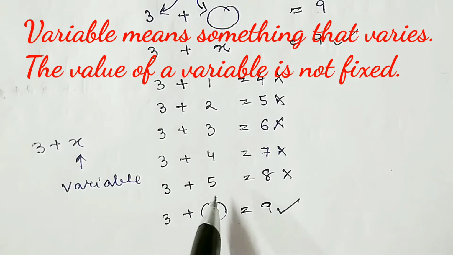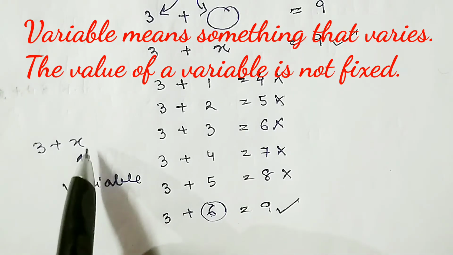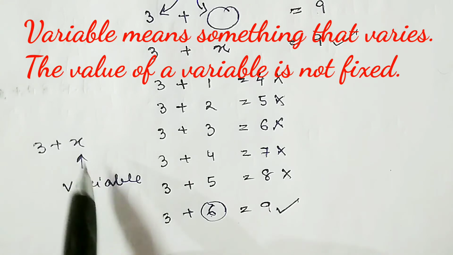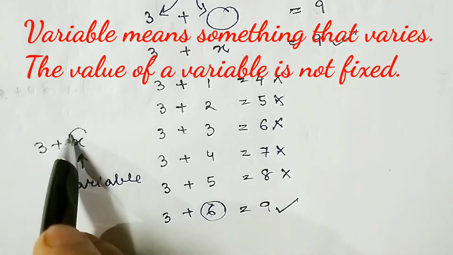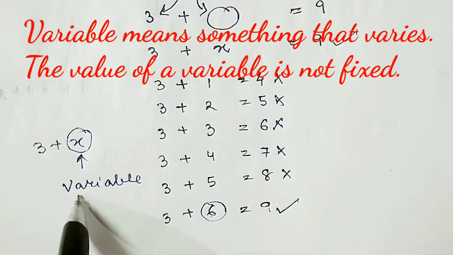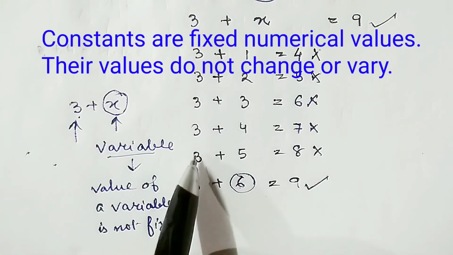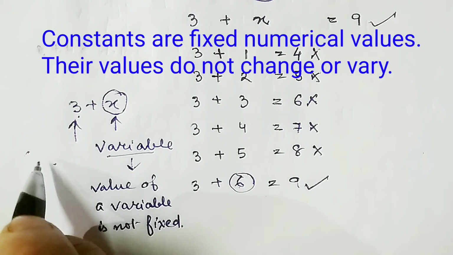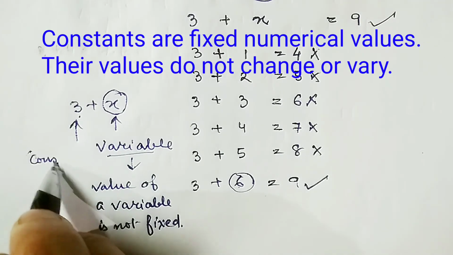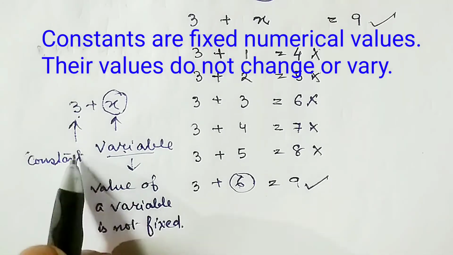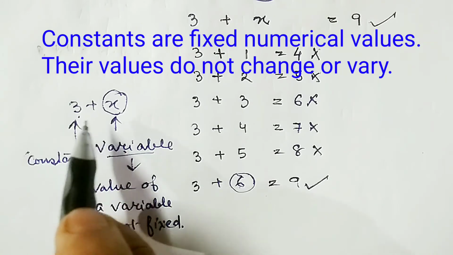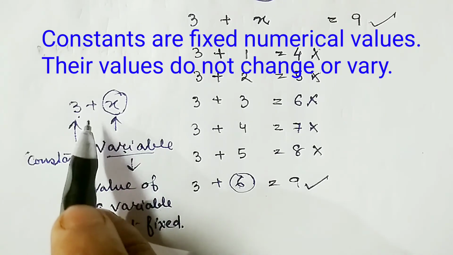In this way, various values can be considered for x. That's why this x is called a variable. You got a new term in mathematics which is called variable. But for this 3, it is always 3. We cannot change it. This type of value is called a constant. I hope what is constant and what is variable, this concept is now clear.